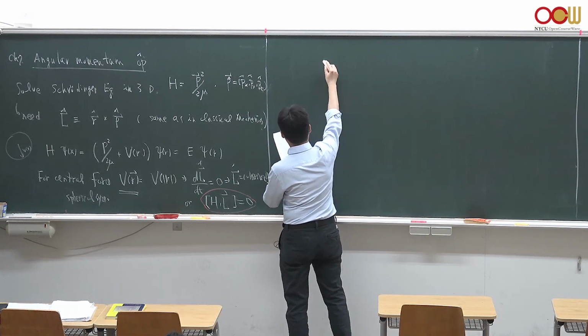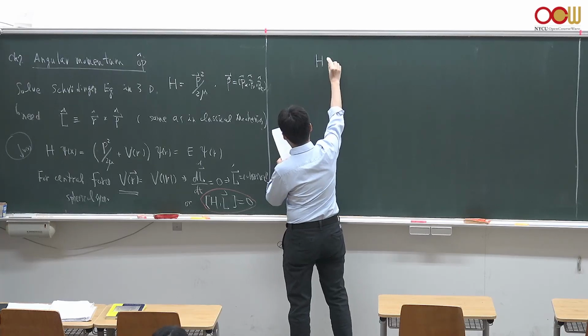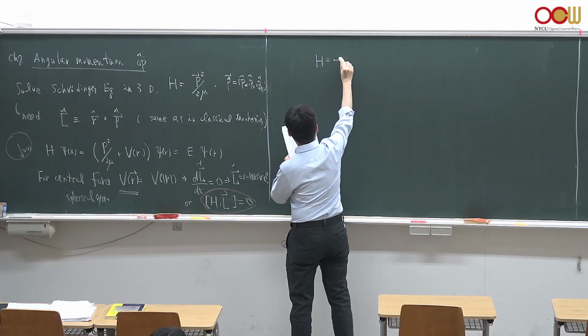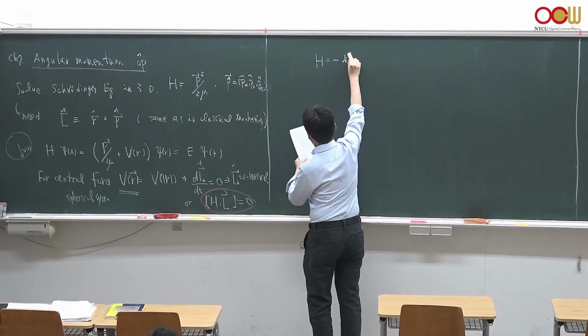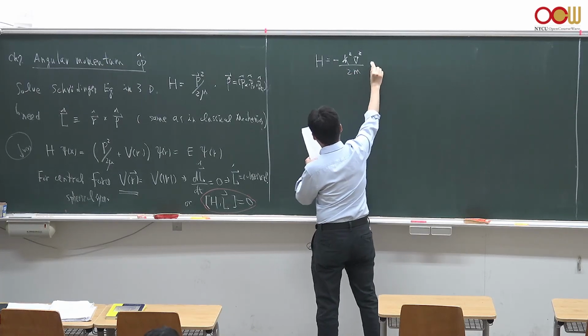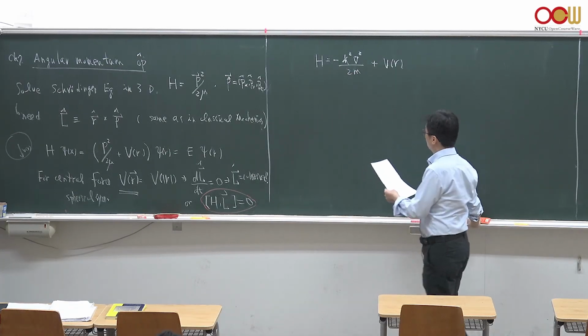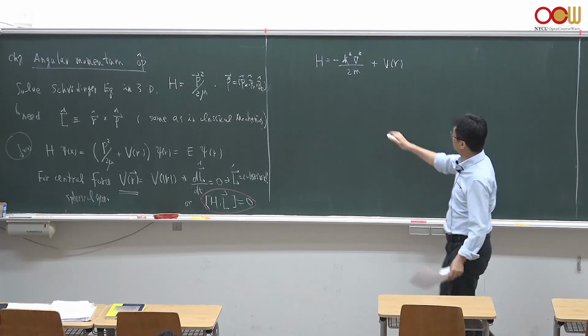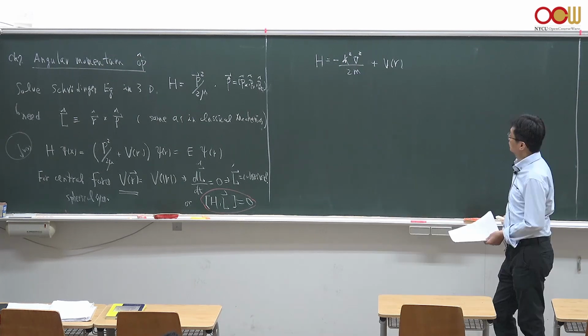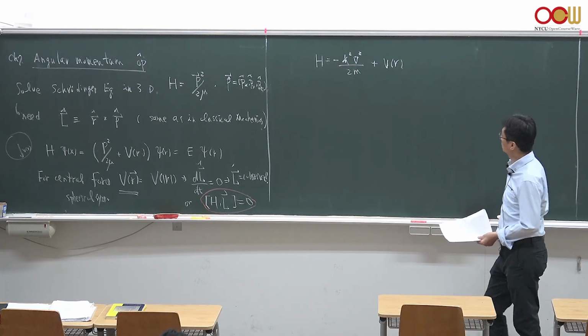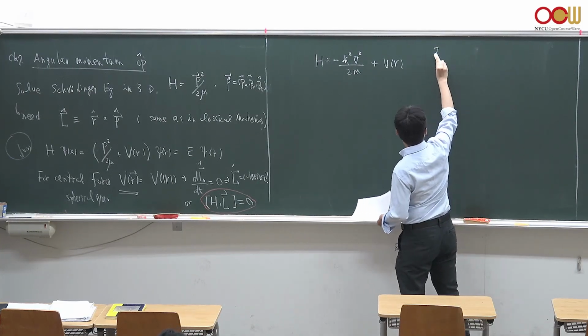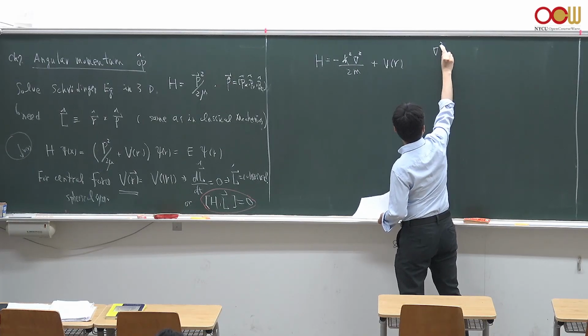So we could consider such a central force potential in 3 dimensions. And this gradient square represents the second derivative of this wave function with respect to, say, x, y, and z. So this is a 3-dimensional generalization of this d square.